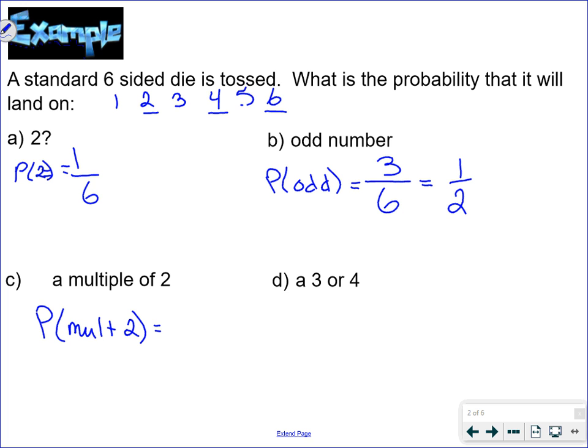There are 3 options out of 6 in total. Again, we can put this into lowest terms. We divide both the numerator and denominator by 3, so we get 1/2.